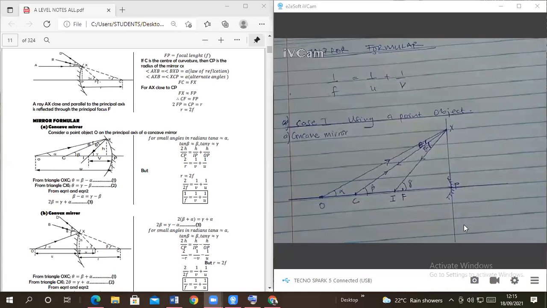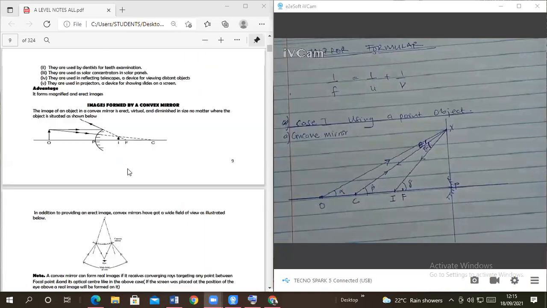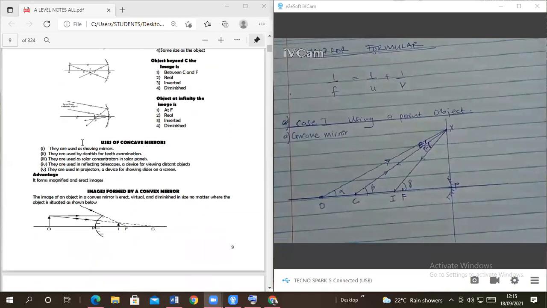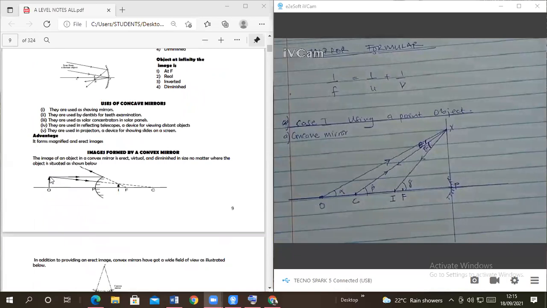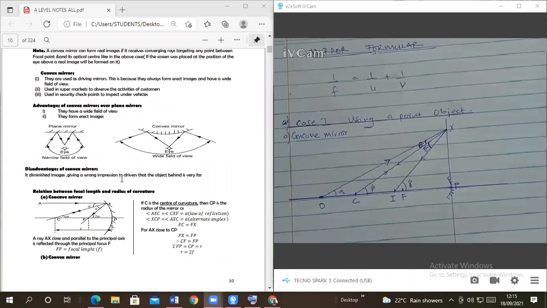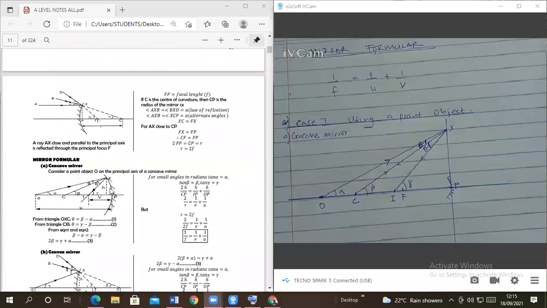Previously, when we were looking at these ray diagrams, we saw that if this distance here is h, so also this distance here will be h. So if the object is here and has height h, so also the distance which will be here will be h. So that's why we are saying that this distance here, X to P, is also h, which is the height of the object.